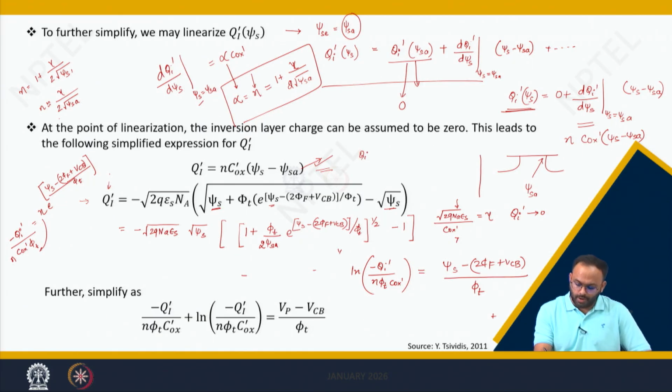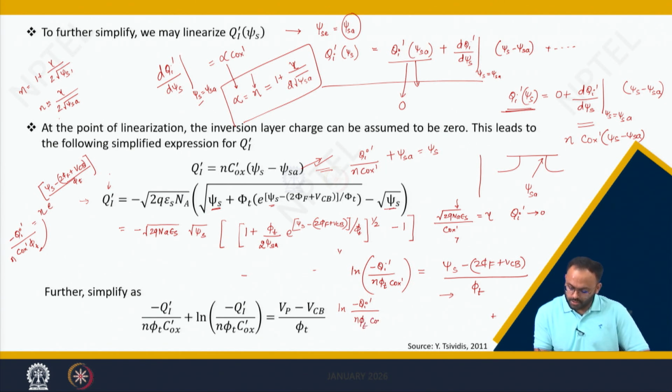So we will get qi dash divided by n into Cox dash plus psi s a is equals to psi s, and I will put this psi s value here to get a simple form of qi dash only.